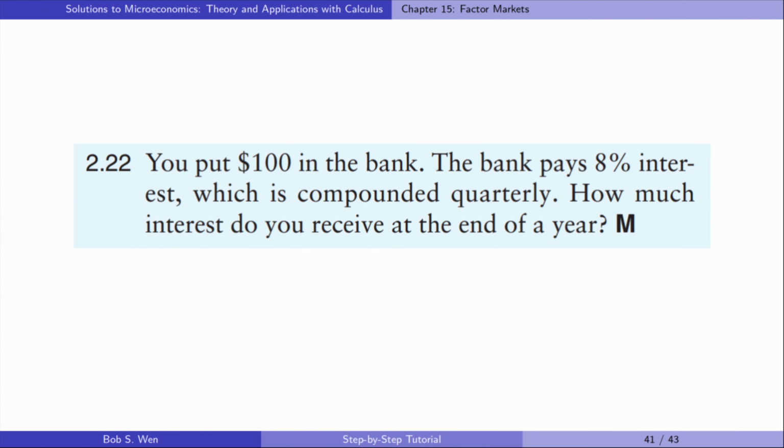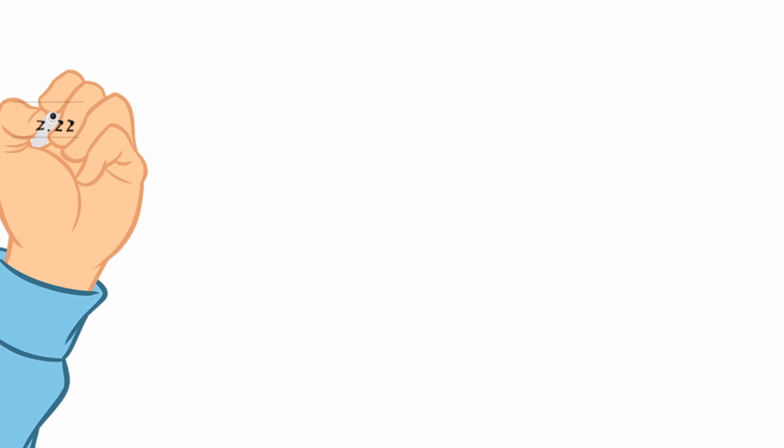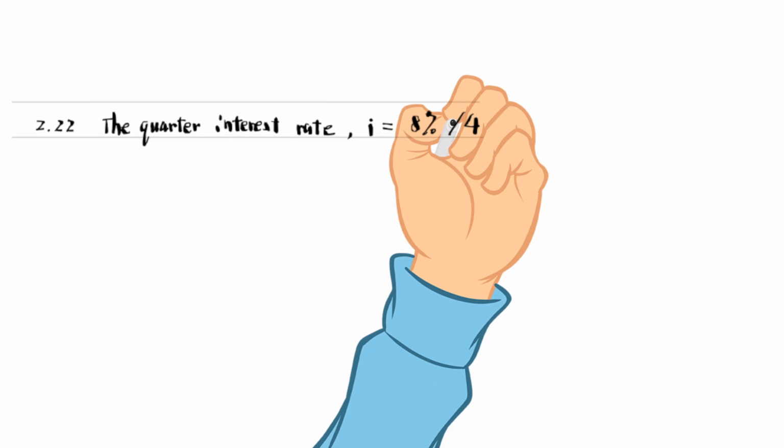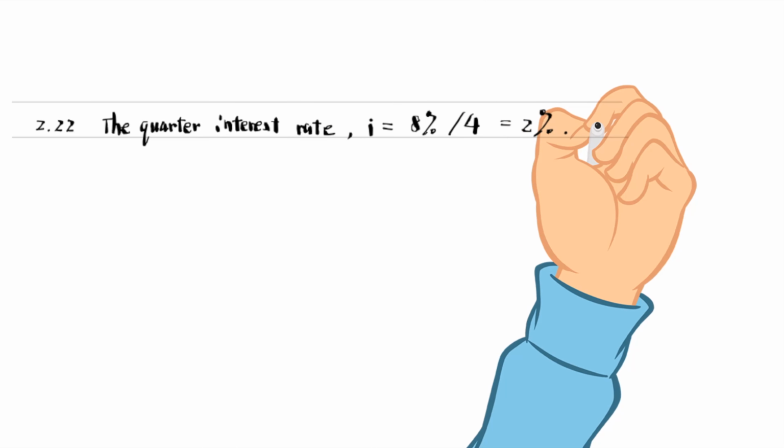Let's answer exercise 2.22. You put $100 in the bank. The bank pays 8% interest, which is compounded quarterly. How much interest do you receive at the end of a year? Suppose the 8% is the annual interest rate. The quarter interest rate is 2%.